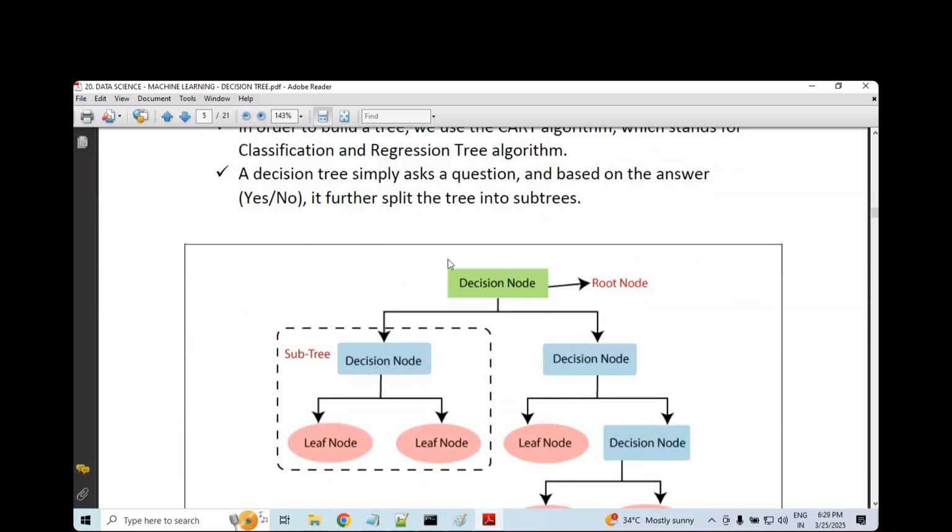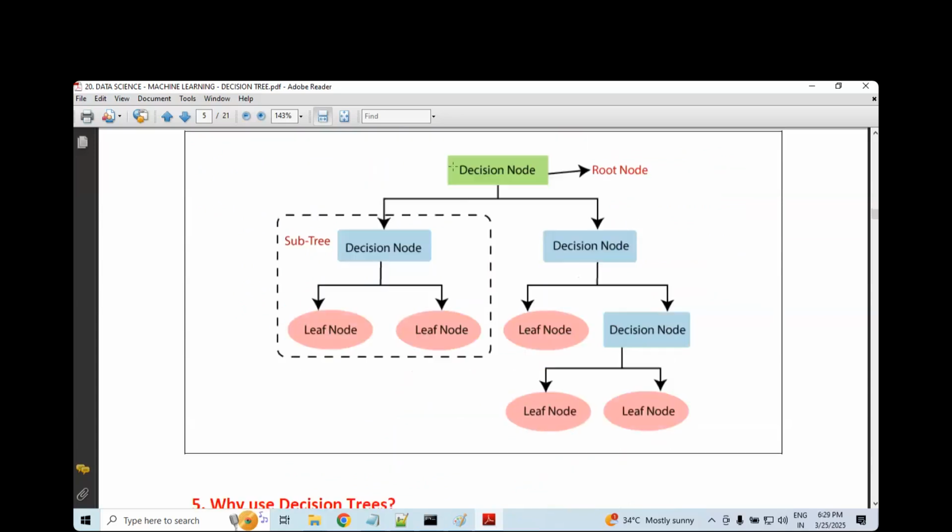Today, to explain the problem statement, I need to explain one small real-time scenario. Make a note of this. So it further splits into branches or not. The first node is a decision node, also called the root node, the starting point.